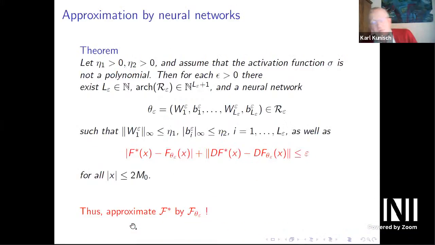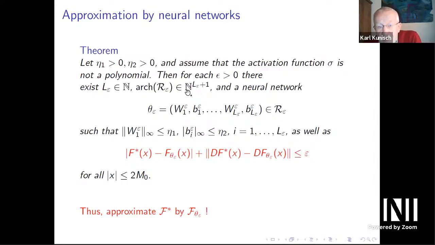We are going to use the following universal approximation theorem. Let eta 1 and eta 2 be two scalars, which serve the purpose of putting bounds on W_i and the shifts b_i. And let's assume that the activation function sigma is not a polynomial.